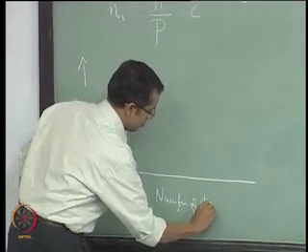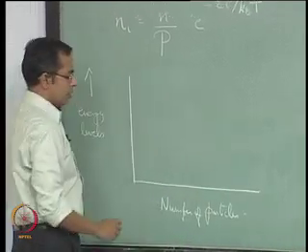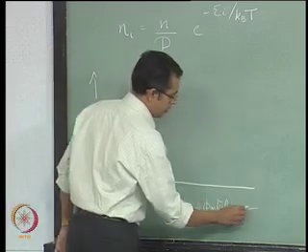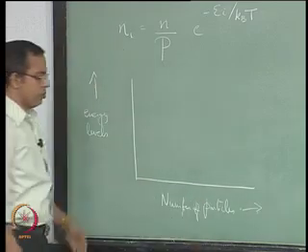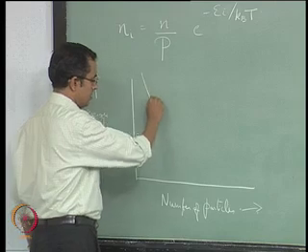These are the two parameters that we wish to plot against each other. We see a plot that looks something like this.